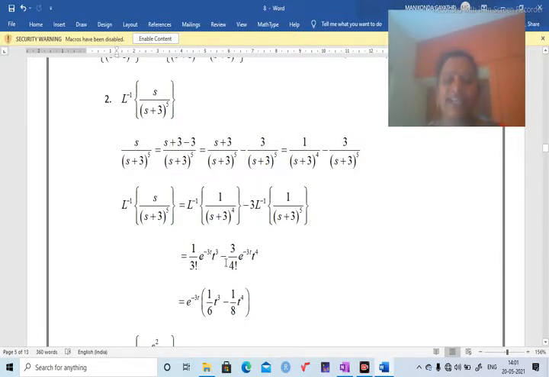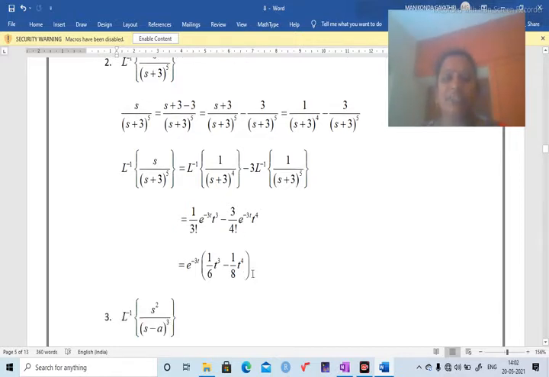Minus 3 as it is, plus 3 is there. By using the shifting property, e power minus 3t, L inverse of 1 by s power 5 means n equal to 4, so t power 4 by 4 factorial. On simplification, I am going to get the L inverse of the given function like this.